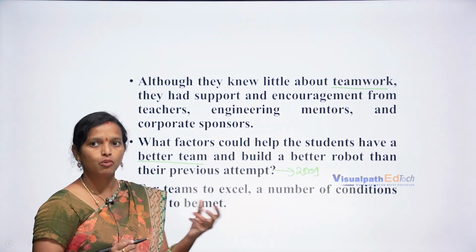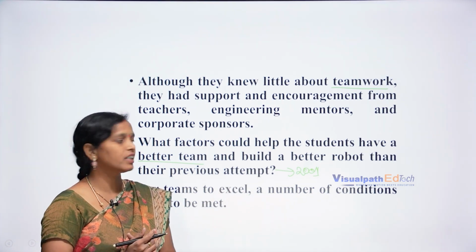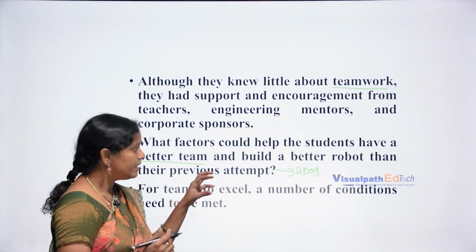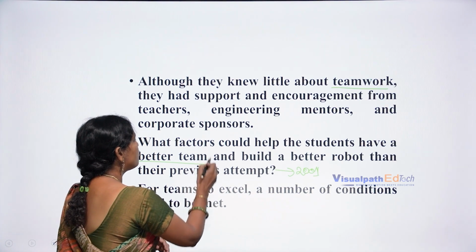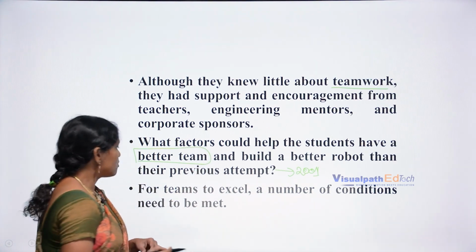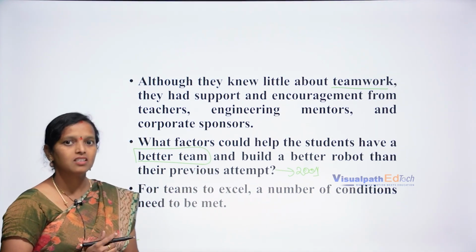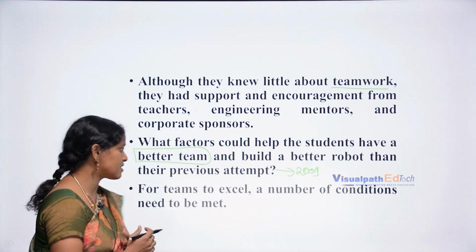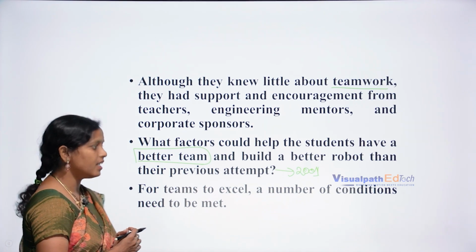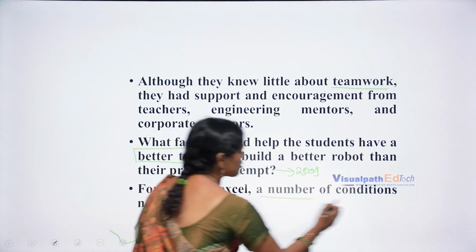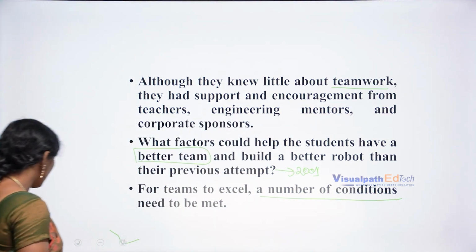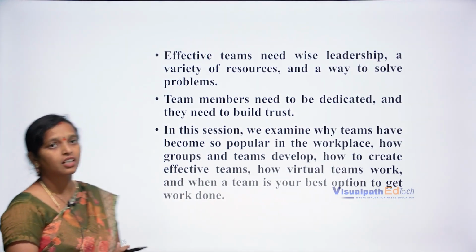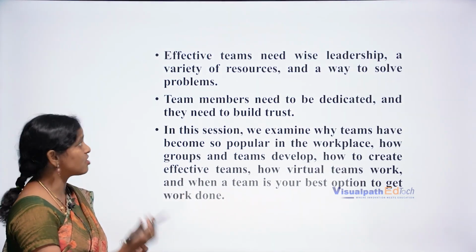The robot has to fire the balls, and they didn't meet that. Now they want to perform in an effective way. So what constraints do they have to consider to improve their performance as a team? For teams to excel, a number of conditions have to be met, and let us see what these conditions are in the coming sessions.